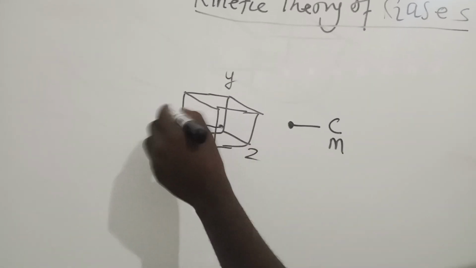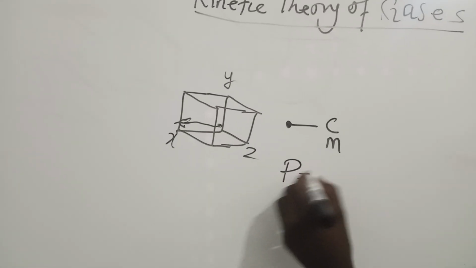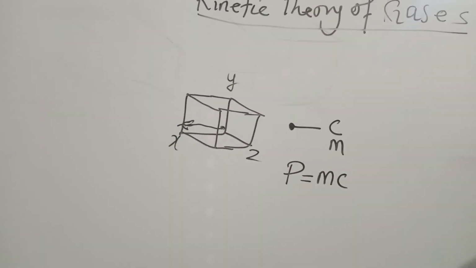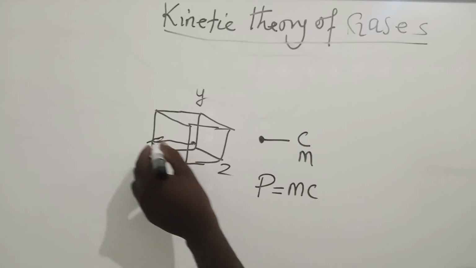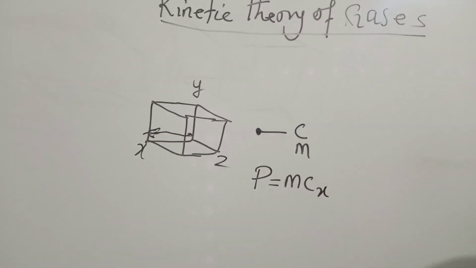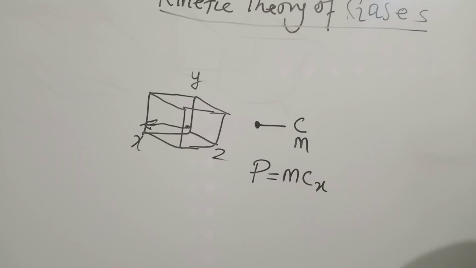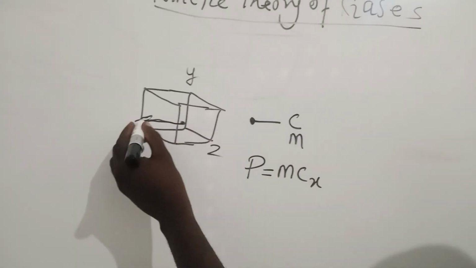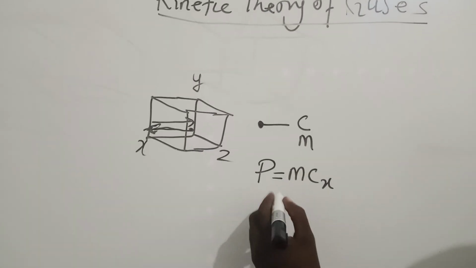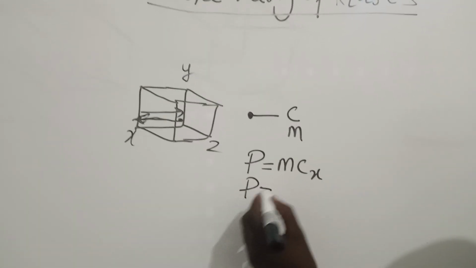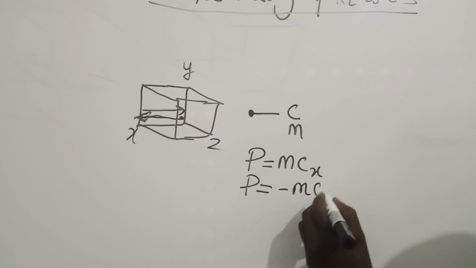As it travels, remember that momentum is equal to mass times velocity. Because it moves in the x direction, we have p equal to mcx. If the molecule collides with the walls of the container, it will bounce back. The velocity in the backward direction, that is momentum, is now equal to minus mcx.